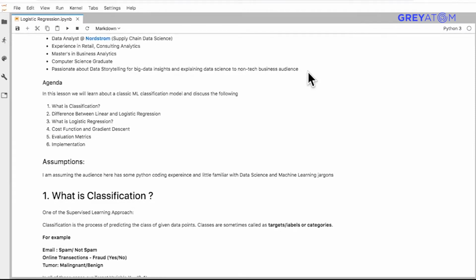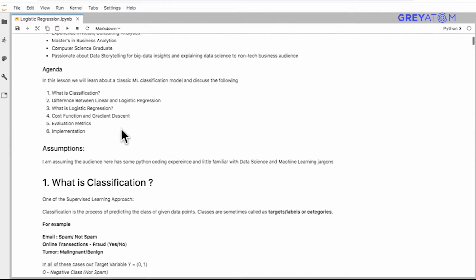We'll see how to optimize the cost function using the gradient descent algorithm. Later we'll look at evaluation metrics for classification algorithms, that is, how we evaluate the performance of a model we have already built. And in the end, we'll do a live implementation in Python using a Titanic-based dataset from Kaggle.